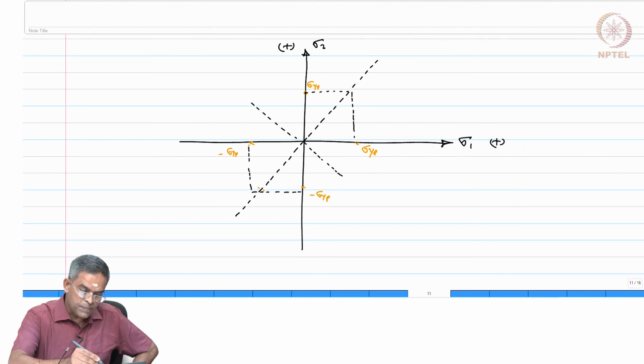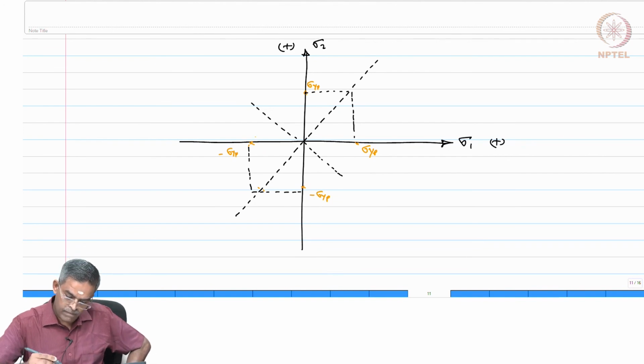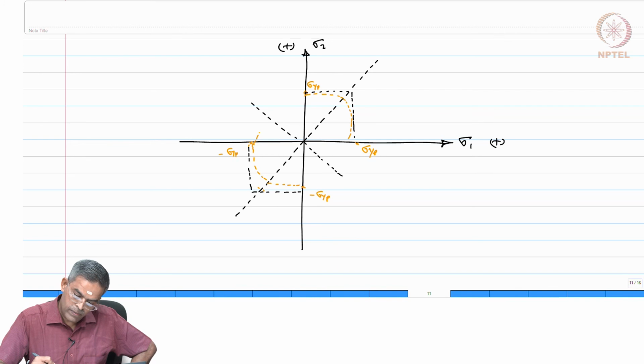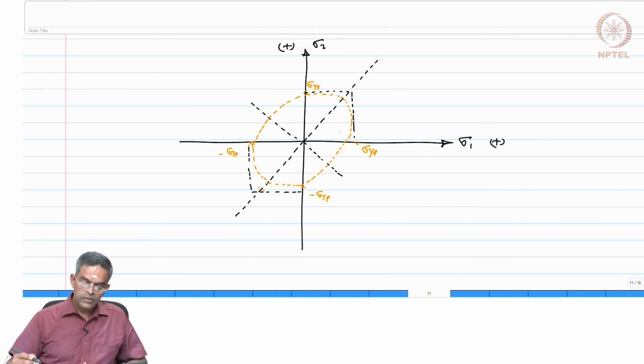So, when you draw this ellipse, let us be very careful about this. So, I have drawn the ellipse. Okay. This angle is 45 degrees.